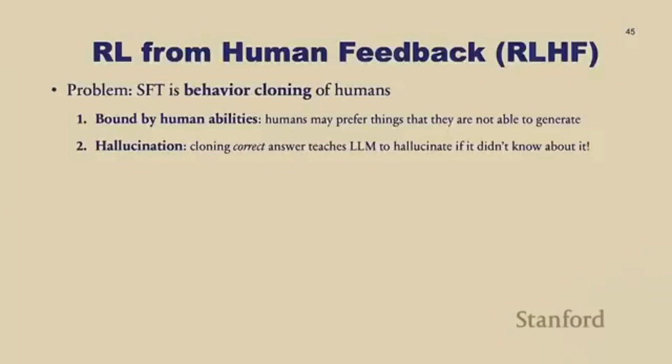Issue number 2, I find that actually pretty interesting, is that if you ever heard of the word hallucination, this is LLMs generating false information. These people have hypothesized that hallucination can come from the supervised fine-tuning, even if you do supervised fine-tuning on data that is correct.